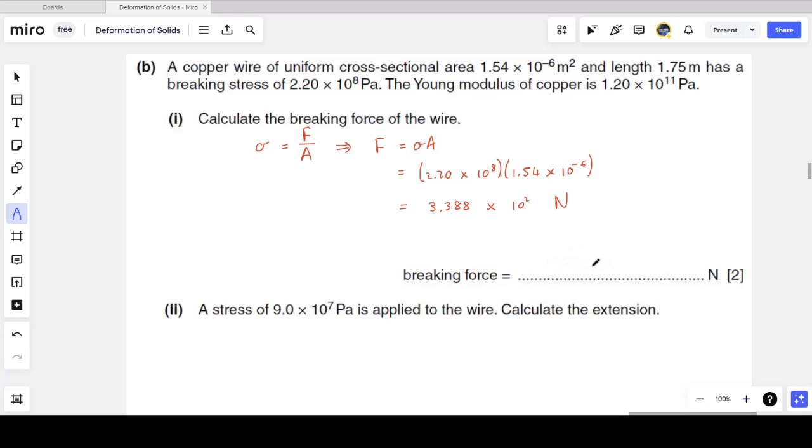So in 3 significant figures, I can write this as 339 newtons, or 3.39 times 10 to the power 2 newtons. That's the breaking force of the wire.